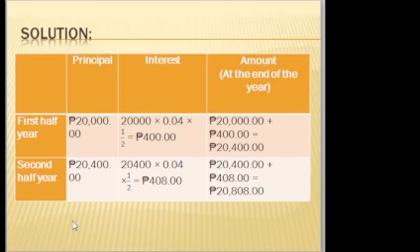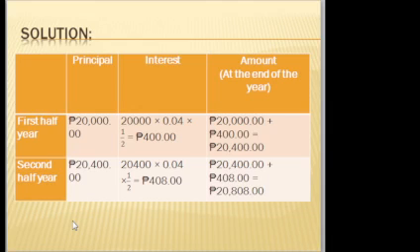So to get the interest, we have to multiply it with the rate of interest, which is 0.04 times 1/2. So 20,000 times 0.04 times 1/2 is equal to 400. So the amount at the end of the half year, we have 20,000 plus 400 is equal to 20,400.